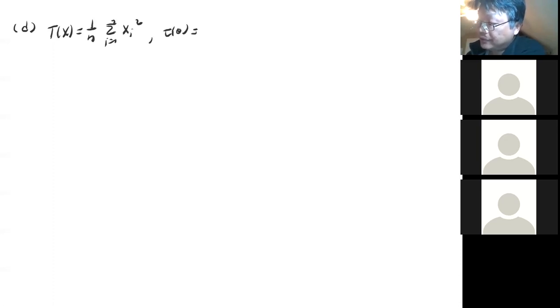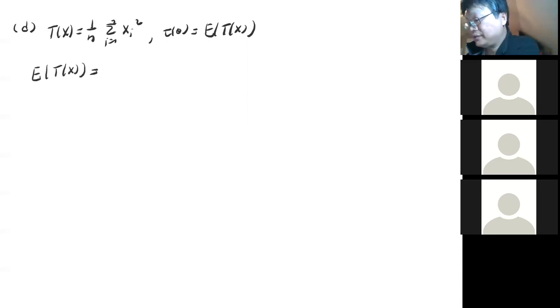Okay, so in D, the question sounds confusing, but actually, say I have Tx right here, it's 1/n times the summation from i equals 1 to n of xi squared. Can I find any tau theta for which it's an unbiased estimator using Tx? It's nothing but deriving the expectation of Tx.